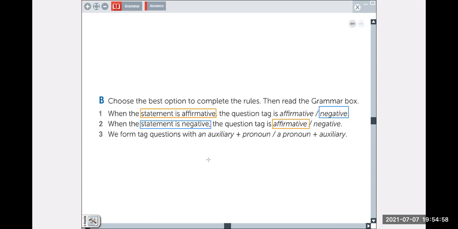We form tag questions with an auxiliary plus a pronoun, or a pronoun plus an auxiliary. Auxiliary and pronoun, right? This is the correct option. Very good.